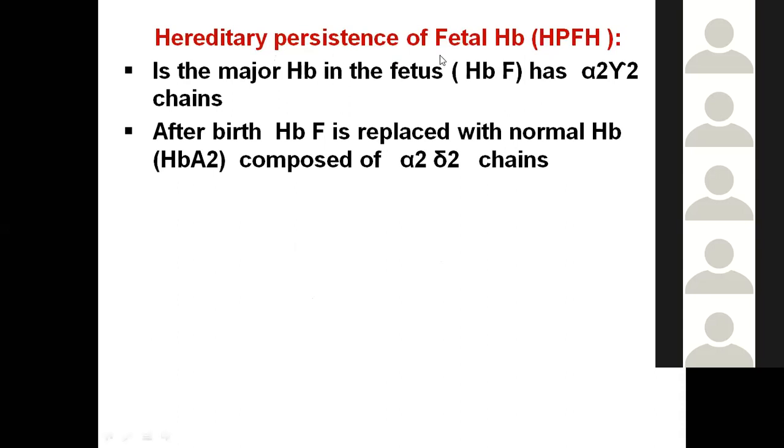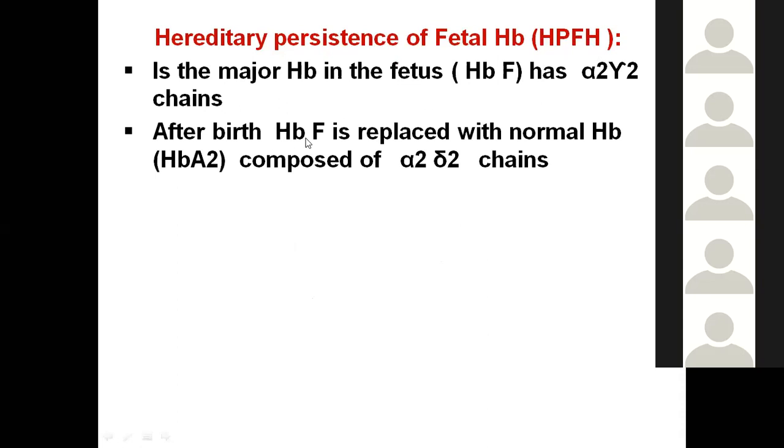You have gone through this, I suppose, but anyway, we'll talk about it here in just two lines, okay? It's hereditary persistence of fetal hemoglobin, known as HPFH. The major hemoglobin in the fetus has alpha 2 and gamma 2 chains.